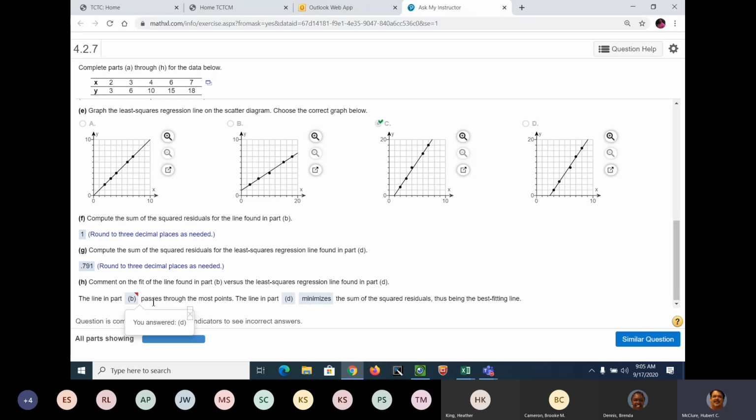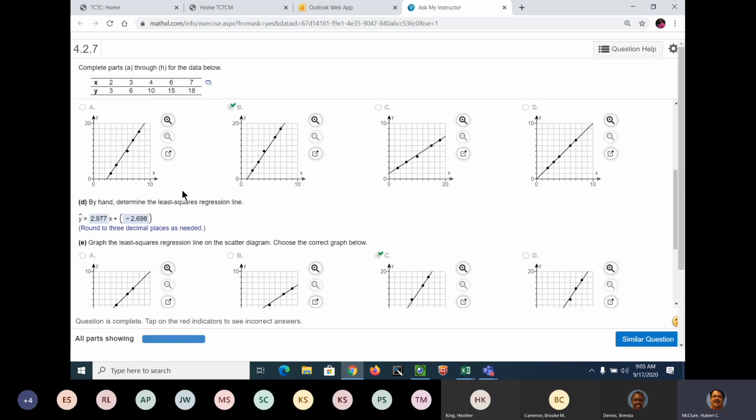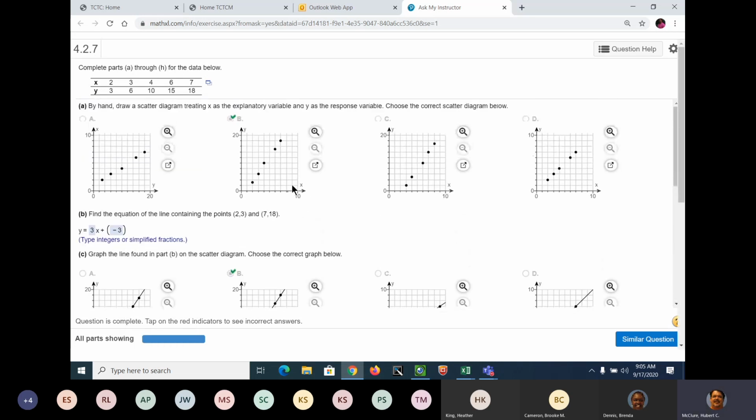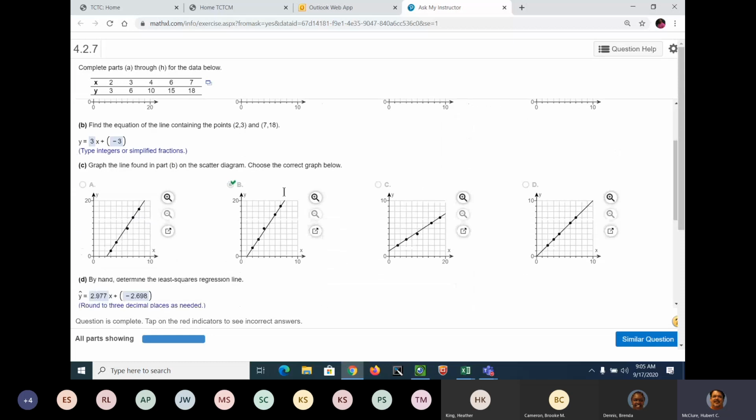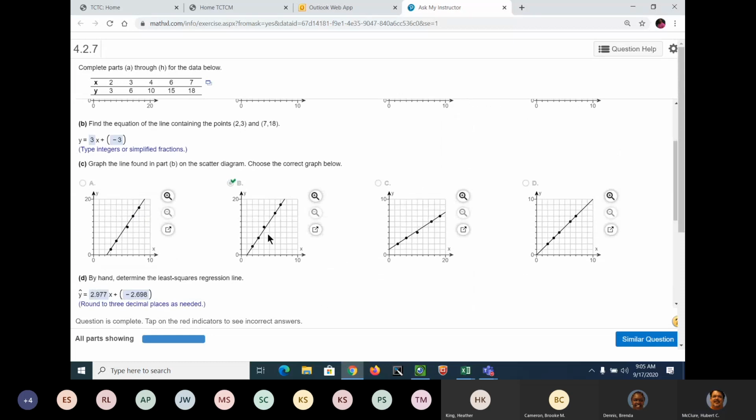What this is saying is the line through the 2 points, which is right here, passes through the most points because these points are in line. The 4 points are in line. That's why.